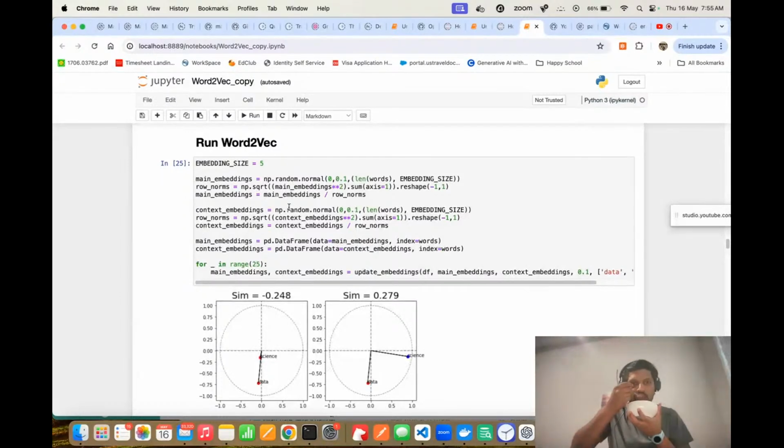When he says embedding size 5, that means he will use 5 numbers to represent each word. That's what he means by embedding size 5. It's mostly like a vector of size 5.